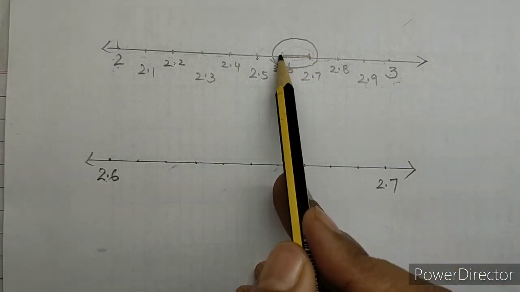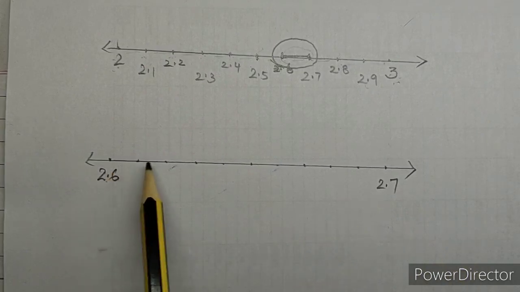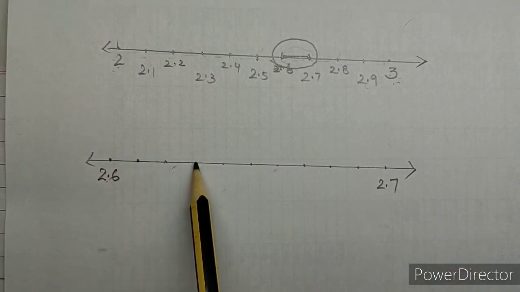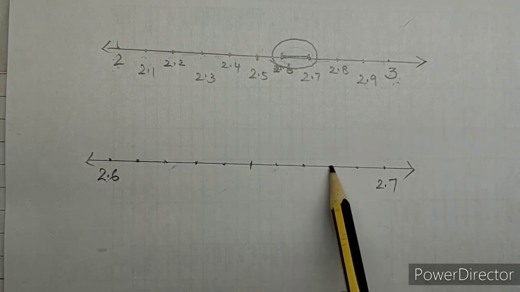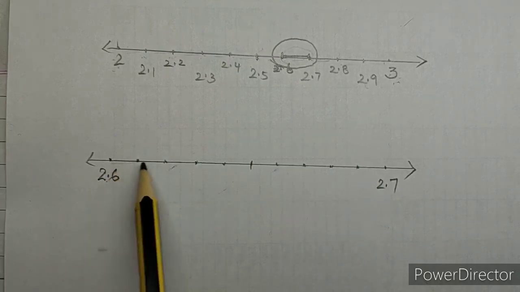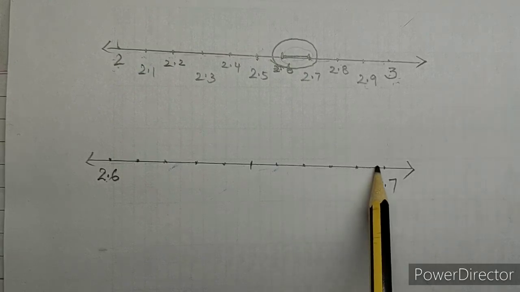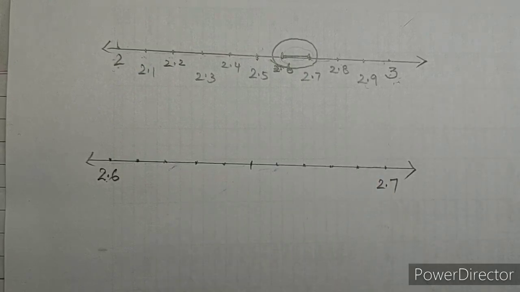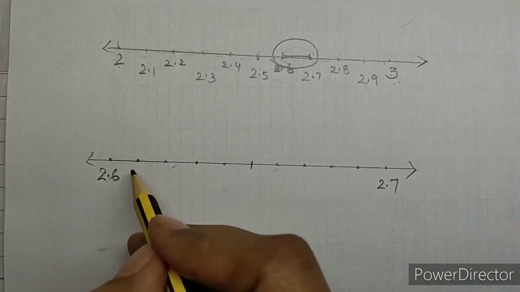In between, 9 points will be there: 1, 2, 3, 4, this is the half portion, 6, 7, 8, 9. So 9 points and 10 parts will be there. Each one you have to mark as 2.61, 2.62 like that.